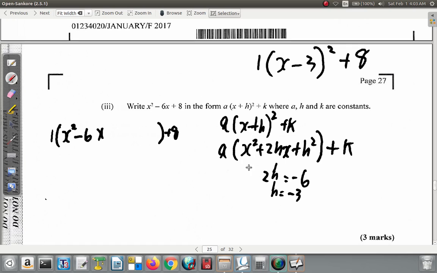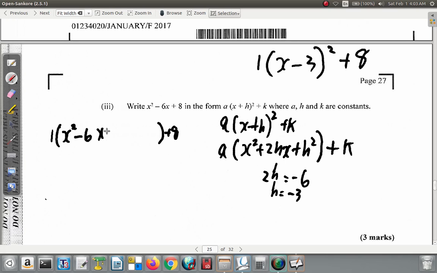This is our h. Remember, when we expanded (x plus h) squared, we have x squared plus 2hx plus h squared. This is our 2h, minus 6 times x. 2h times x. So 2h is negative 6. We divide by 2. We have h is equal to negative 3.